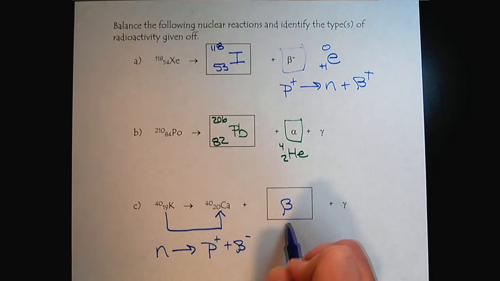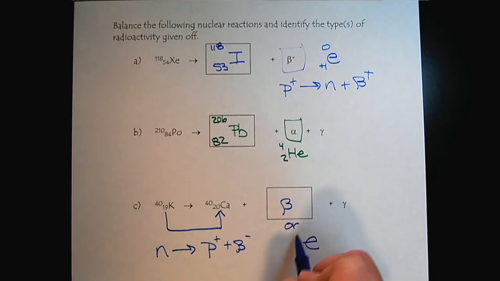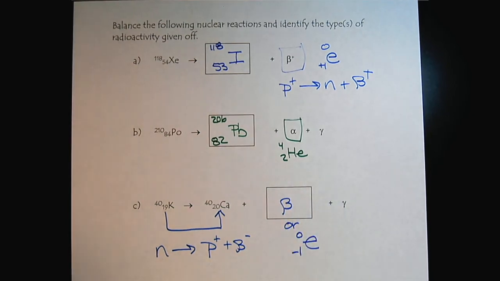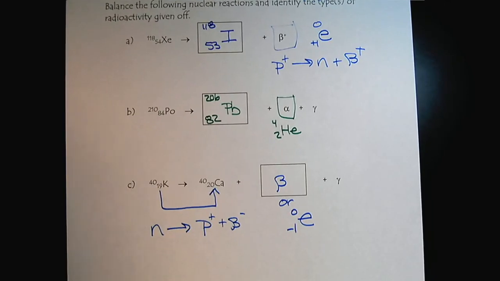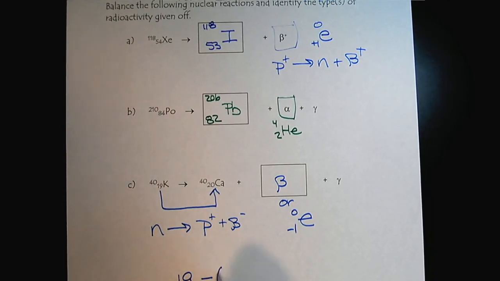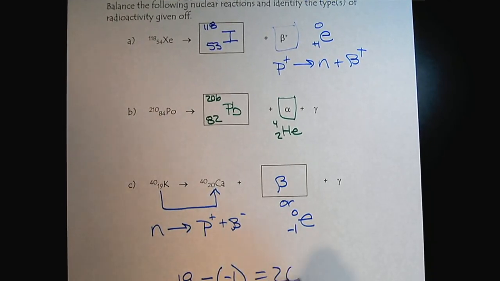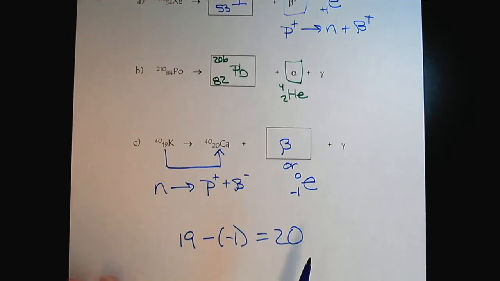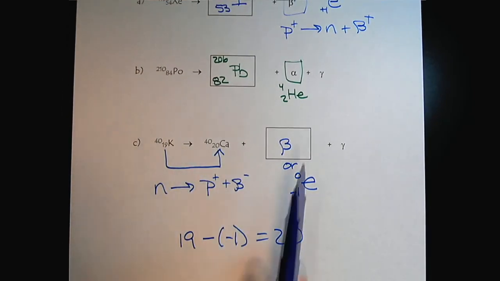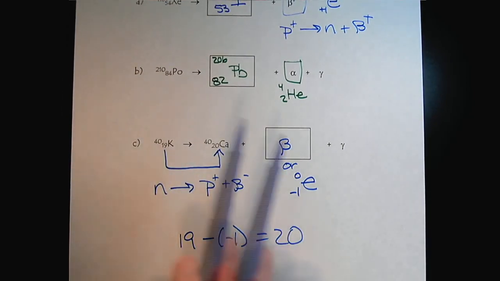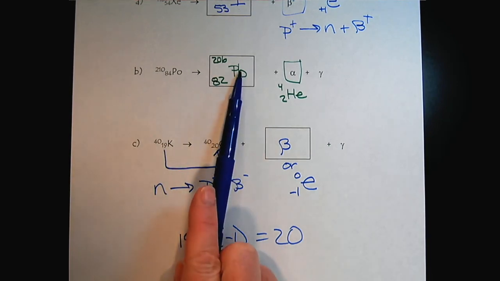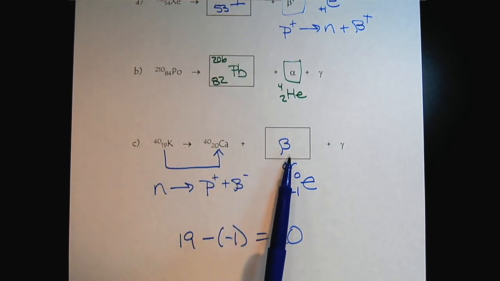Or if you're more comfortable, we can use the -1. And so then we know that 19 minus -1 would be 20, which gave us the calcium. So we can identify either the products, the daughters, or the radioactive particle emitted.